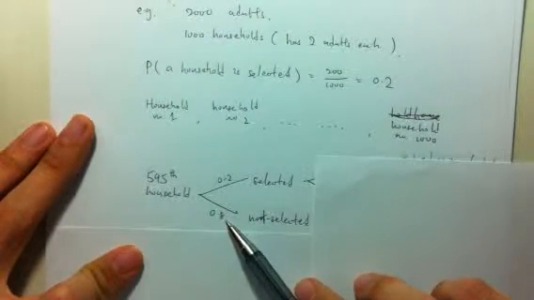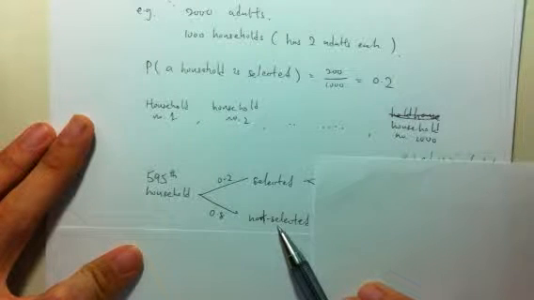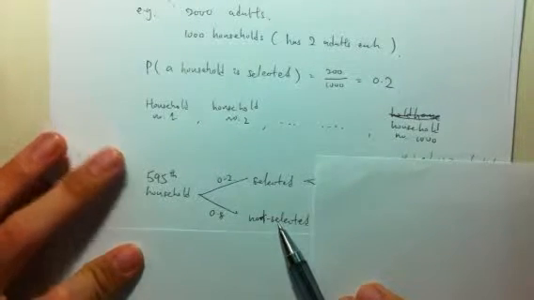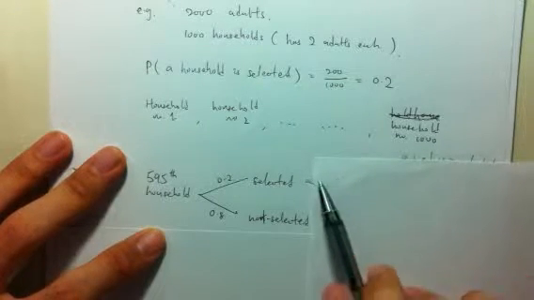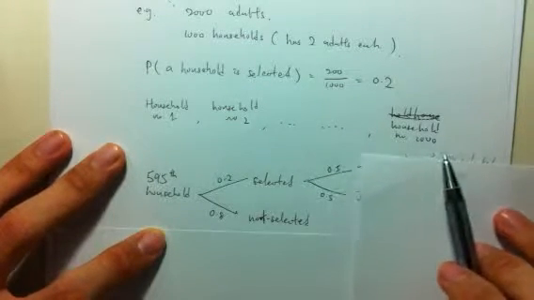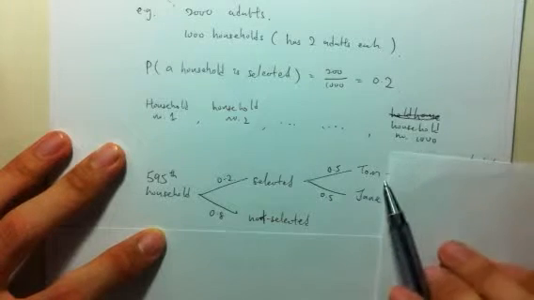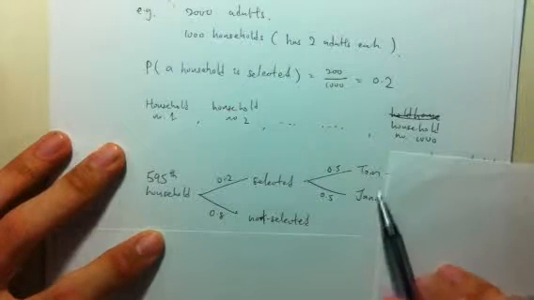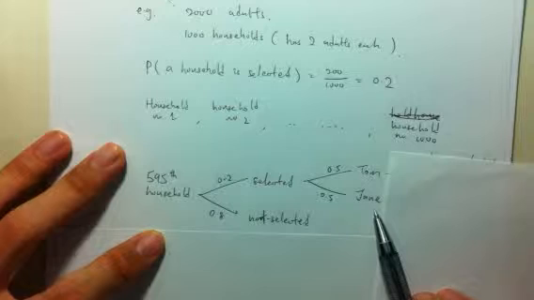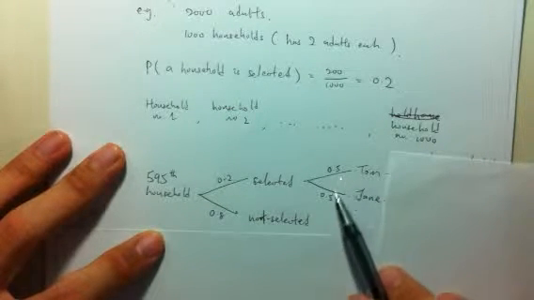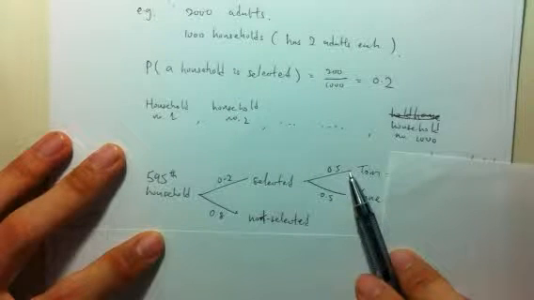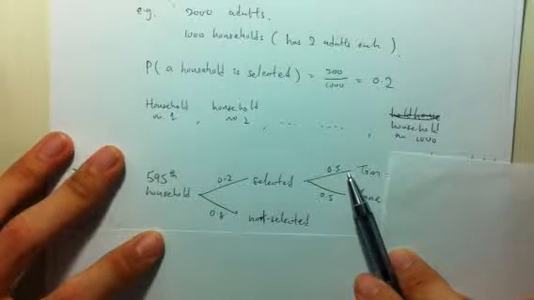Now 80% or 0.8 is associated with its non-selection, or in the event it's not selected. Now if it's selected, the members within this household, let's suppose we have Tom and Jane living in this household, and because each of these adults in this household would then have an equal chance of being selected, therefore each branch would have an associated probability of 0.5 or 50%.